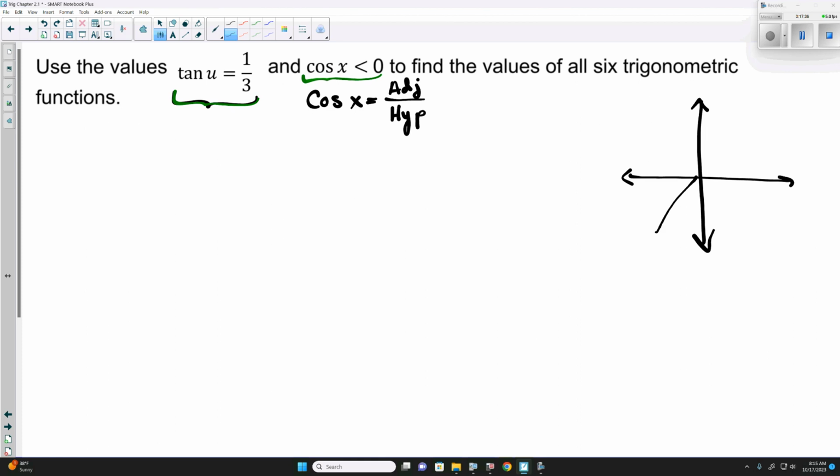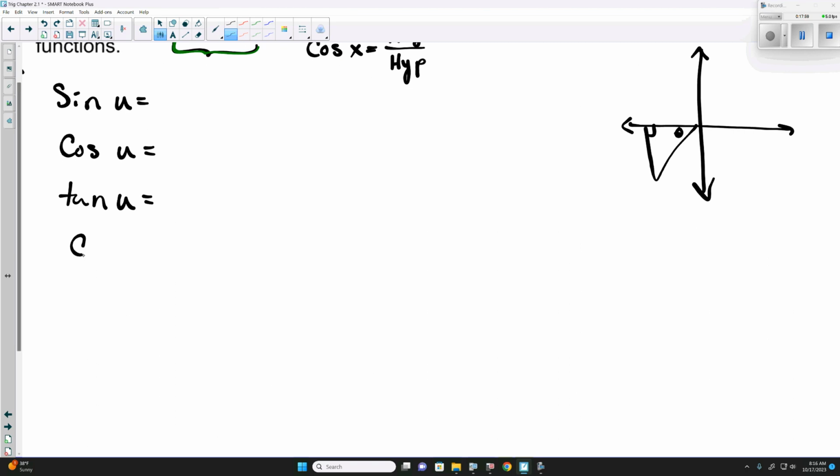So over here, I draw my triangle to set this up. Now it doesn't tell us anything about cosine other than the fact that it's going to be negative. So we're finding sine of u, cosine of u, tangent of u, cosecant of u, secant of u, and cotangent of u.